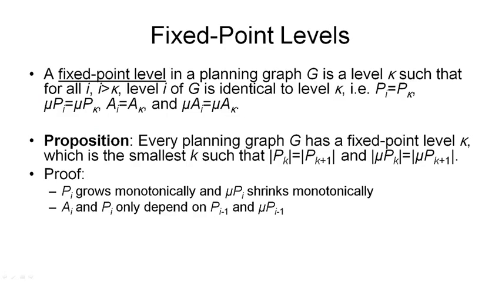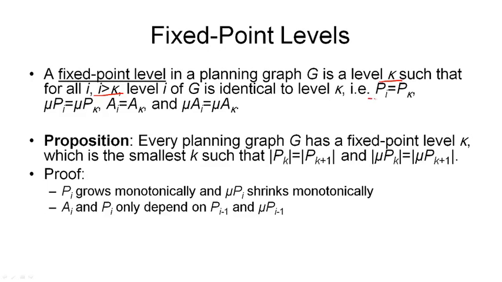Now, another important property of planning graphs is that they will eventually reach a fixed point level. And here is what a fixed point level is. A fixed point level in a planning graph is the kth level in that graph, such that for all i that are greater than k, so for all the following levels, they must be identical.